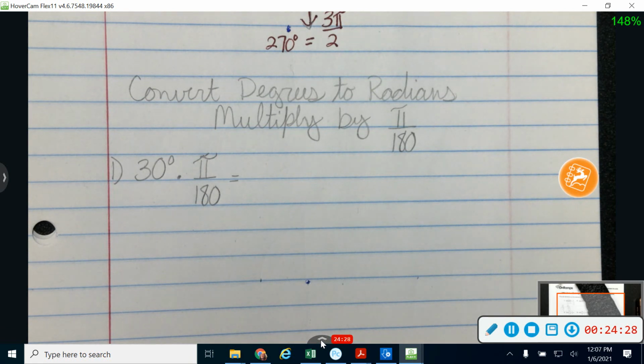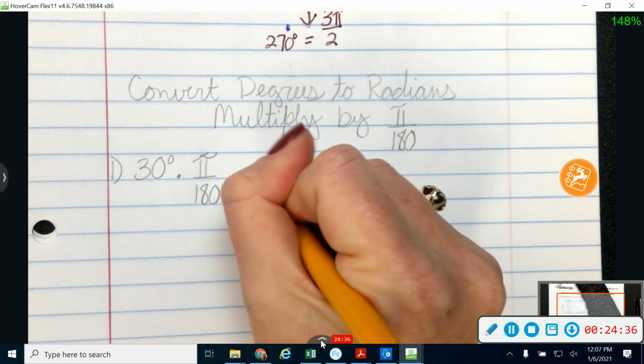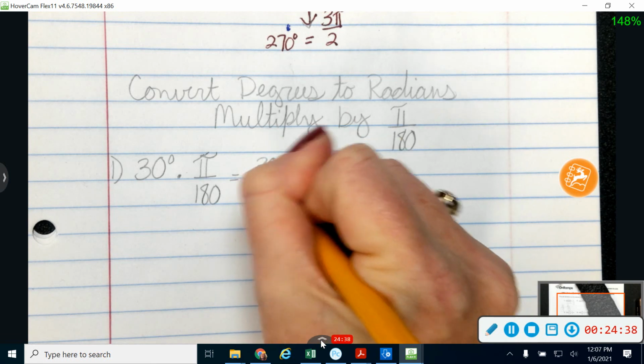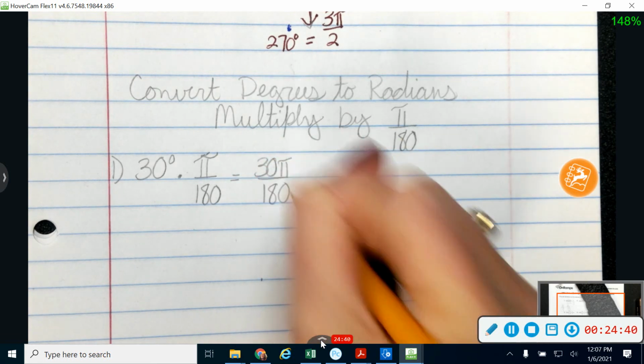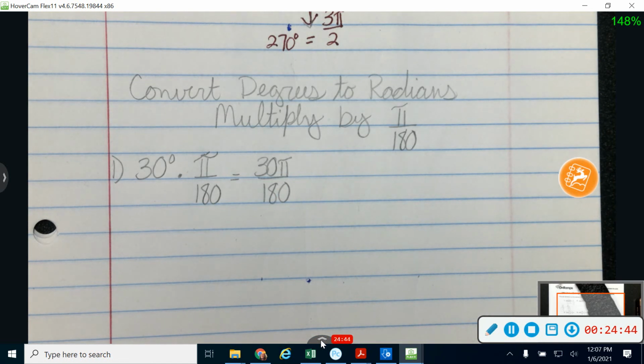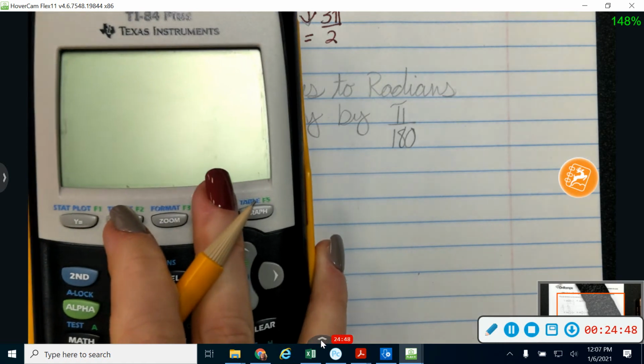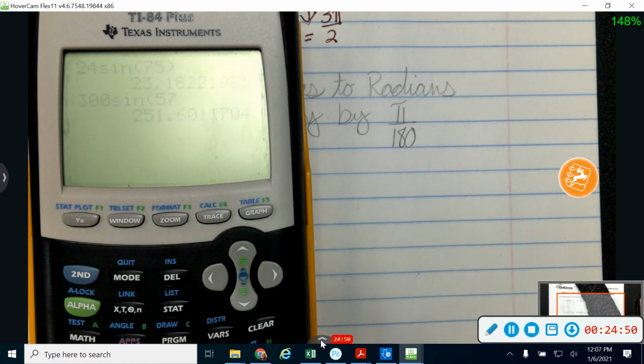Now I'm going to keep pi in my answer. I'm not going to multiply by 3.14. I'm just going to keep it the way that it is. So I'm going to do top times top and bottom times bottom. And then I just need to reduce my fraction. The calculator can help you with the reducing, especially if you get to one with harder numbers. But just ignore the pi for a minute.